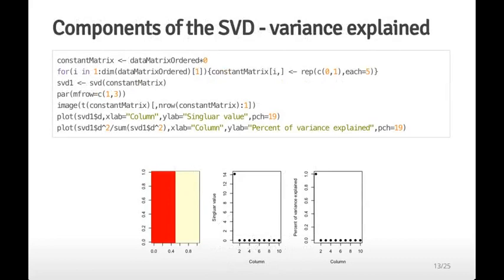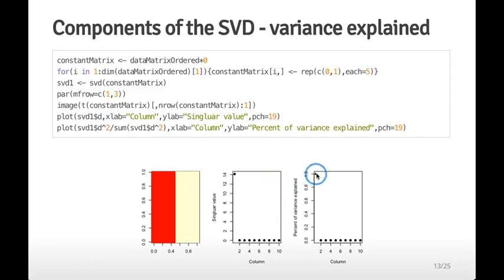Now a little bit more about how the singular value decomposition variance is calculated. Imagine that I create a constant matrix. In other words, I create a matrix where every row is identically the same, where each row has 5 values of 0 followed by 5 values of 1. If I then calculate the singular value decomposition of this matrix, and I plot the d values, you can see that there's only one d value that stands out much above the others.